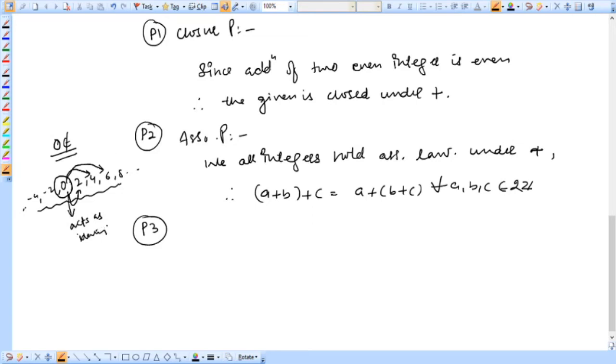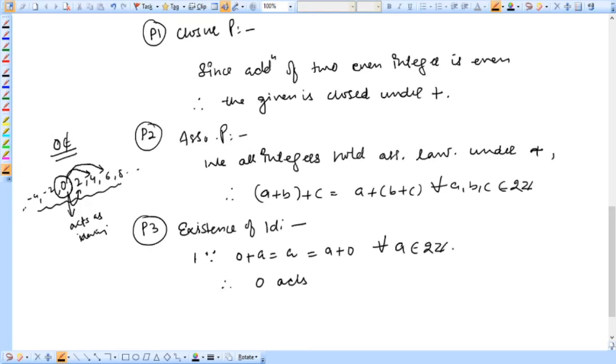Let me write it first. Existence of identity: here, since 0 + a is equal to a + 0 for all a belonging to even integers, therefore 0 acts as identity.